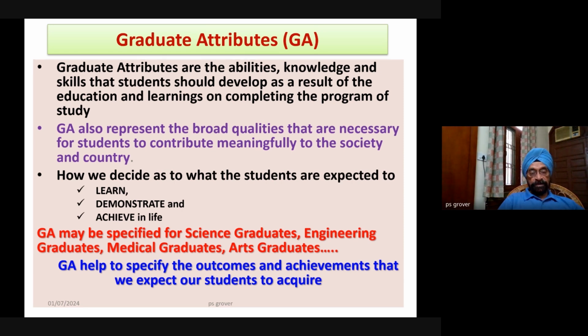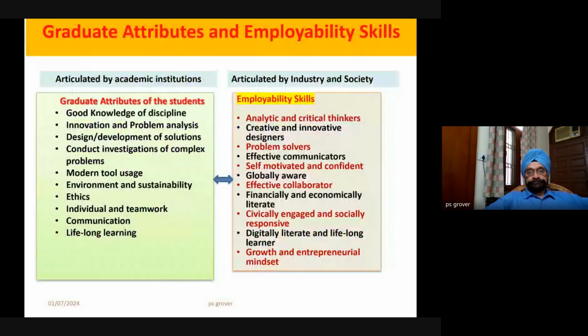So graduate attributes help to specify outcomes and achievements that we expect our students to acquire. Now, just to help you understand how to decide graduate attributes, please see here. What does the industry and society want from our students?